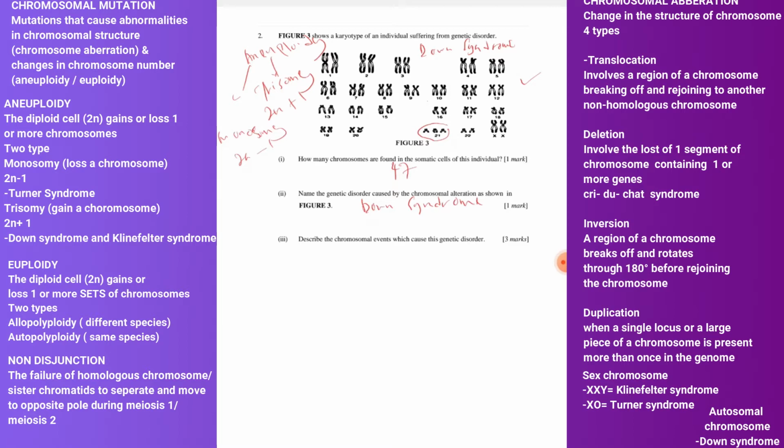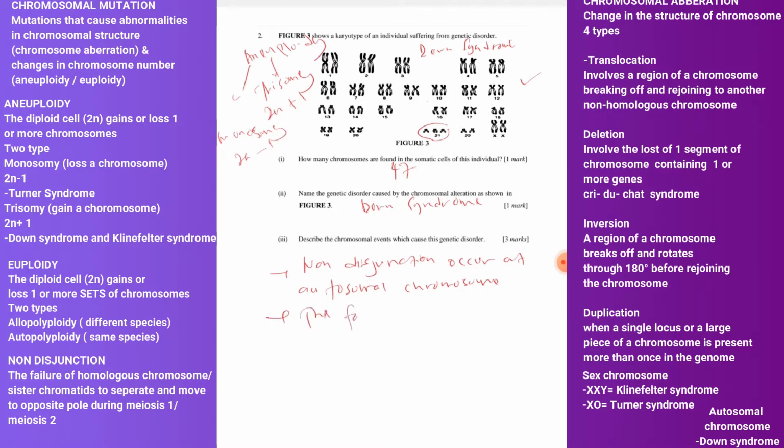Describe the chromosomal events which cause this genetic disorder. Because of non-disjunction occurring at an autosomal chromosome, since there is an extra autosomal chromosome. What is non-disjunction?